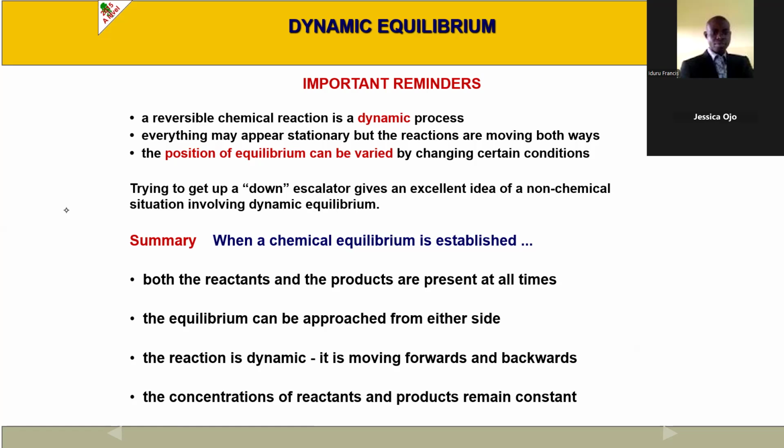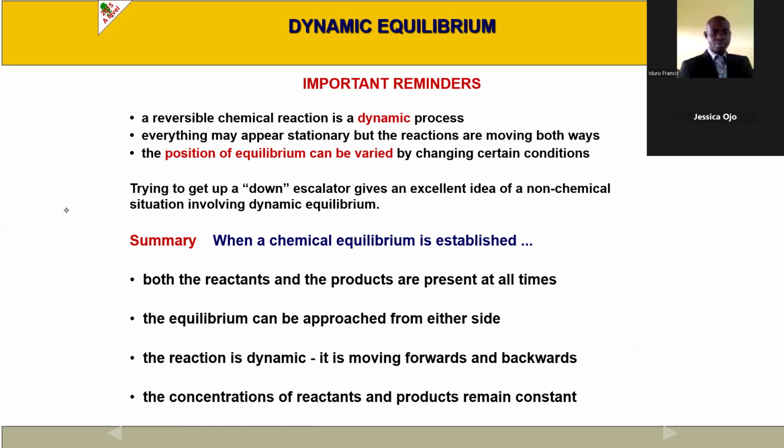Okay, summary. When a chemical equilibrium is established, both the reactant and the product are present at all times. We're talking about that property of a system at equilibrium. Number two, the equilibrium can be approached from either side.